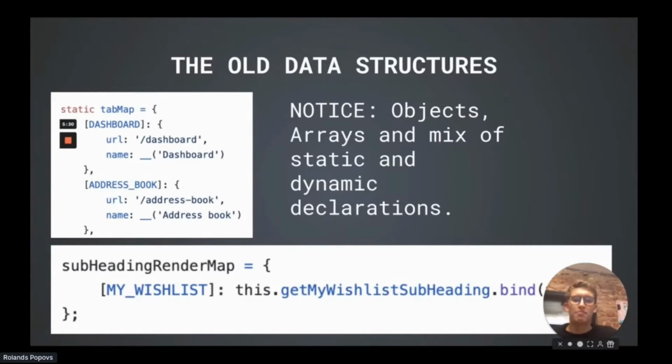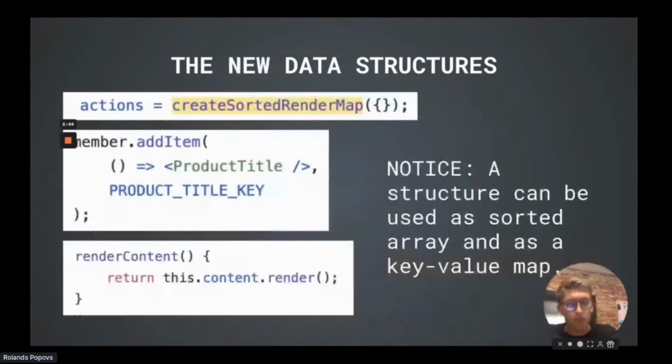This way worked, but notice that there was a mix of them and they weren't consistent, so you never knew how you would extend this exact component's property. And now you know, because we have created a new data structure just for our needs, and those are the sorted render maps or sorted maps.